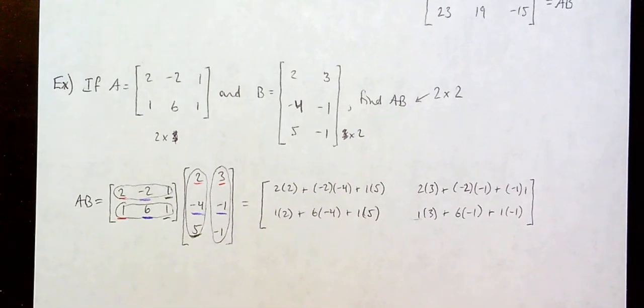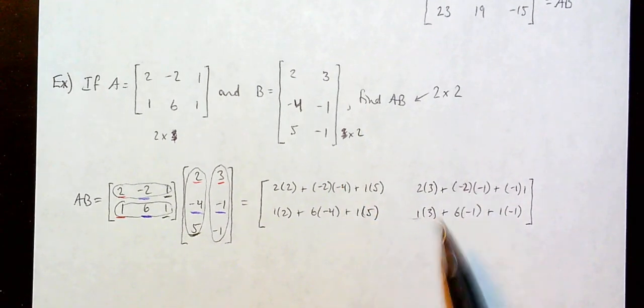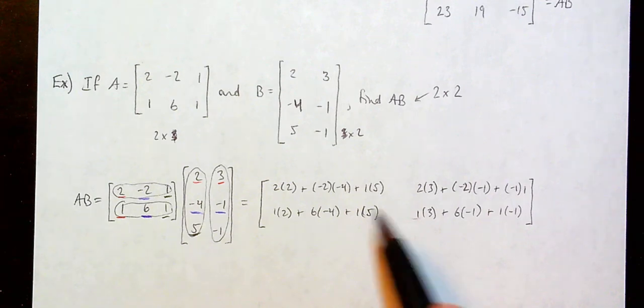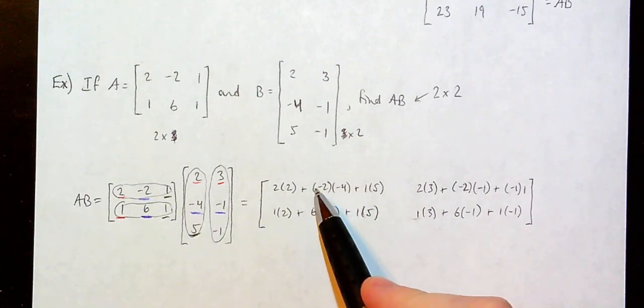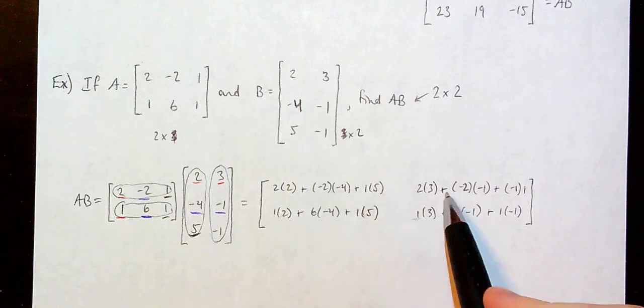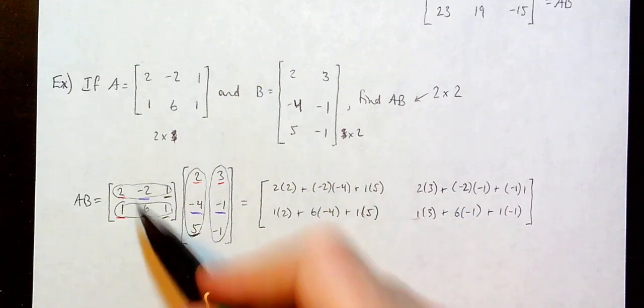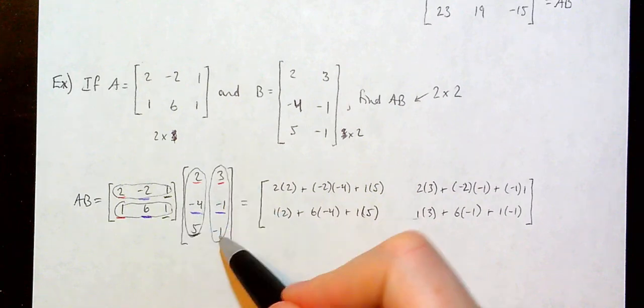It doesn't matter which element of your product matrix you find first or second or third or fourth, in whatever order. The important thing is to keep with that order of element in blank row, blank column, blank row, blank column.